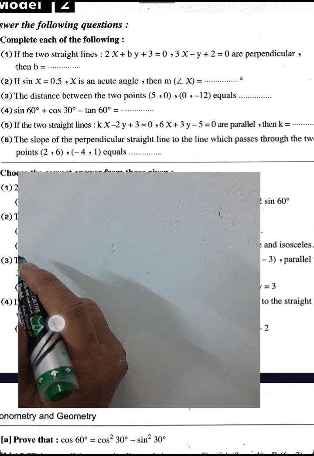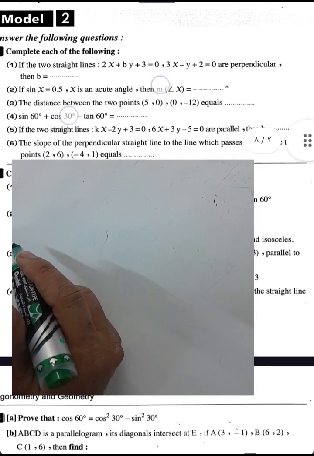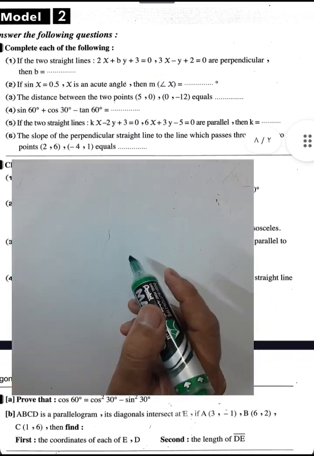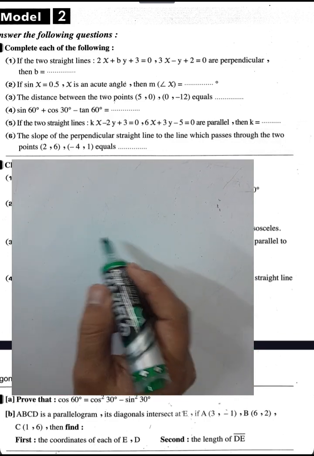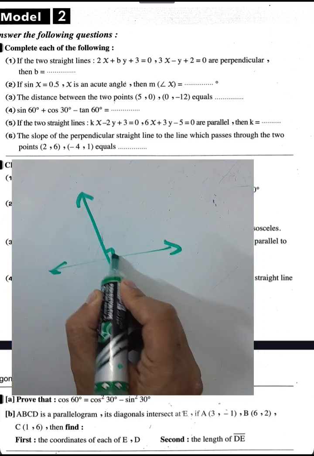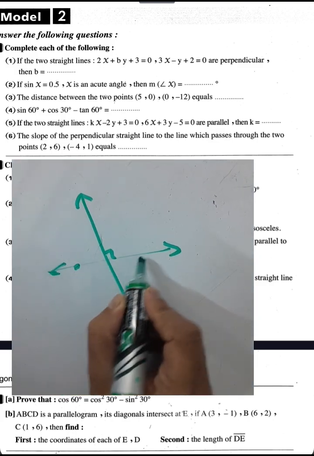Question number 6. The slope of the perpendicular straight line which passes through the 2 points 2 and 6, negative 4 and 1. We want to find the slope of the perpendicular straight line to the straight line which passes through 2 points.